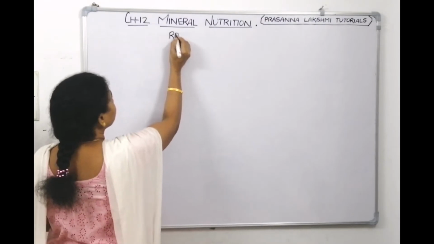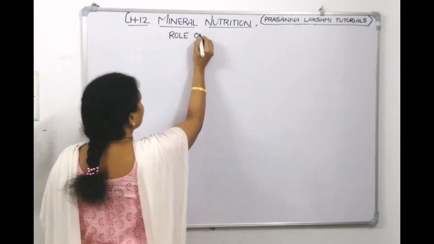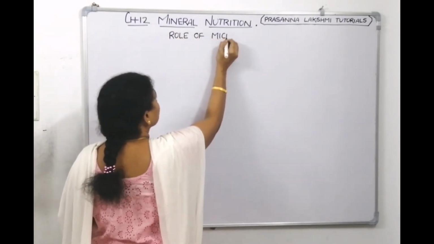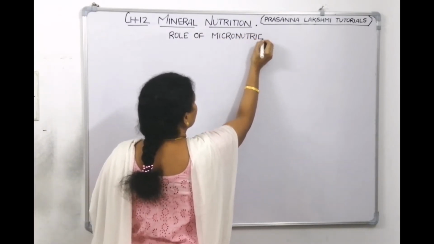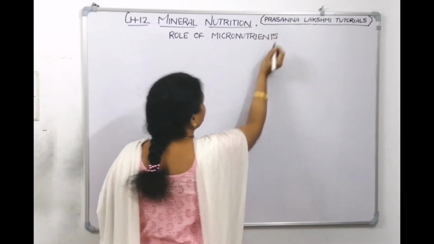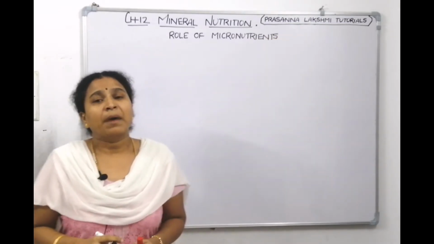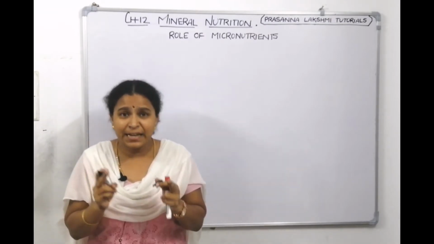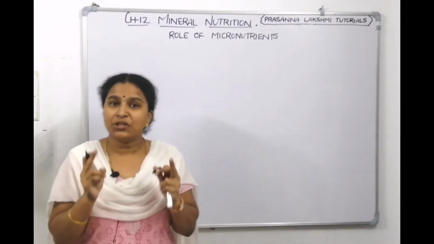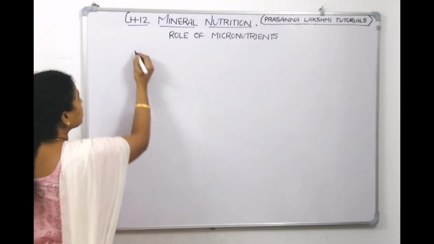Role of micronutrients. So micronutrients means the concentration of that nutrient is less than 10 millimoles per kg dry matter in the plant. What is the concentration?